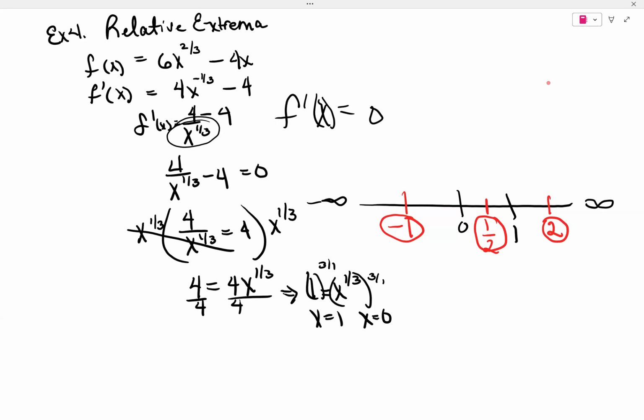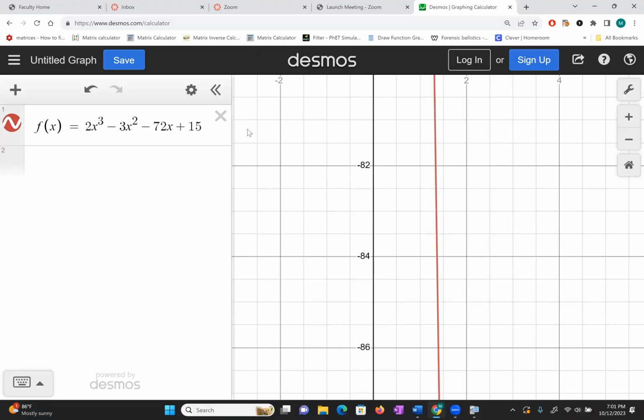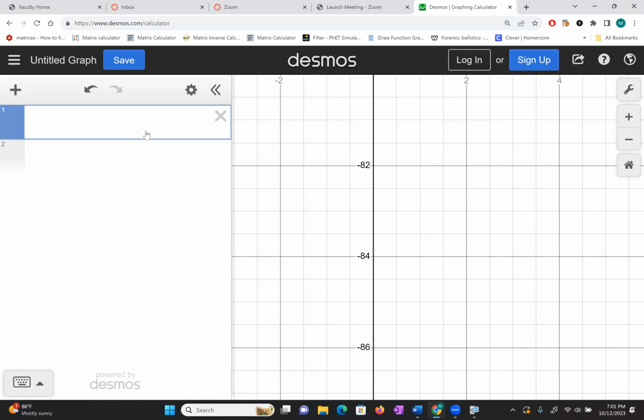If I graph the original graph, let me go ahead and do that just for your visual. You're going to see that this has a couple of points that are questionable. So we have f of x, where this is equal to 6x, and this is raised to the 2/3.